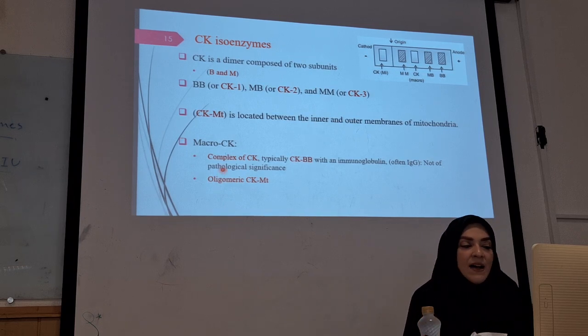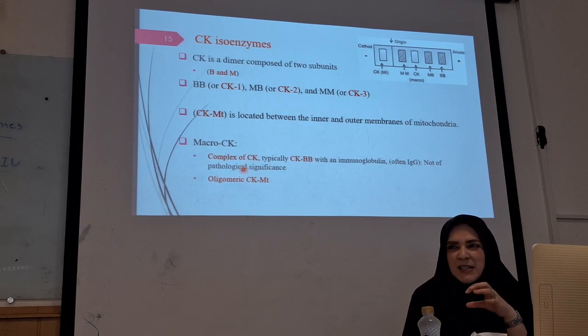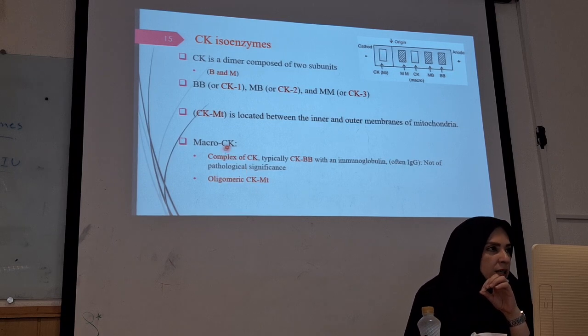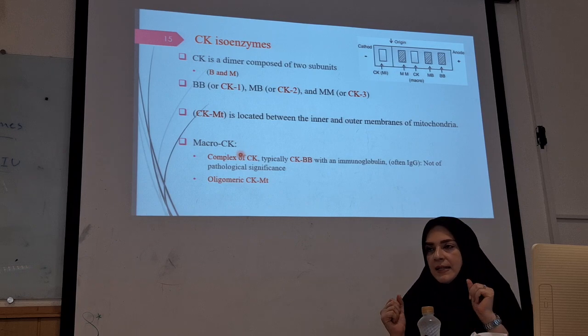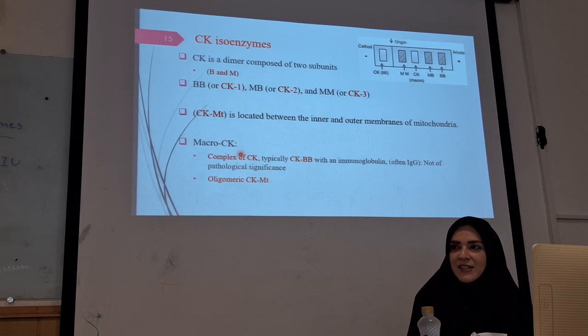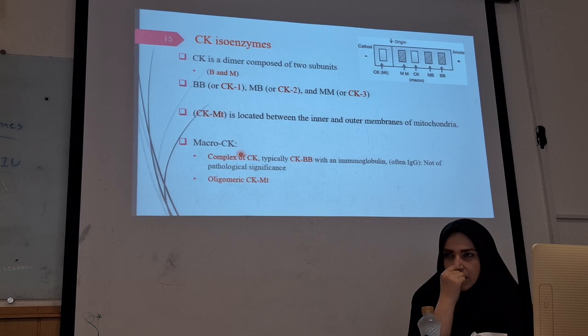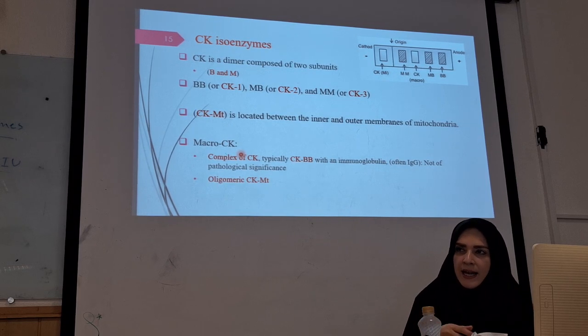And also we have another type, the macro type. In a specific, rare situation, some laboratories report this result. Macro means that this is a combination. What is the location of MM?